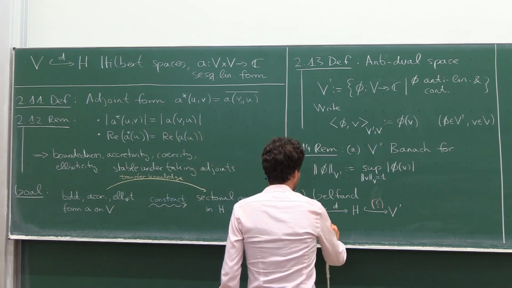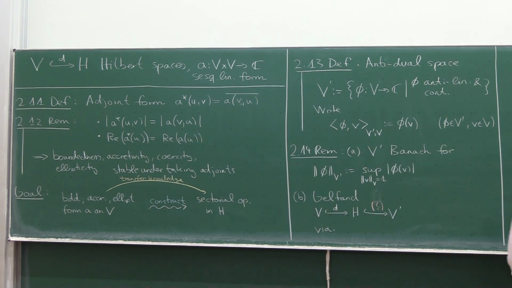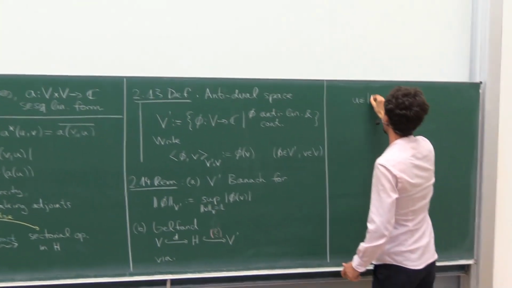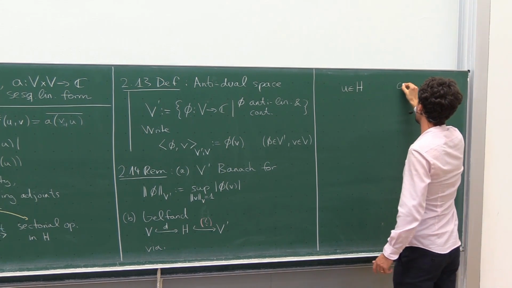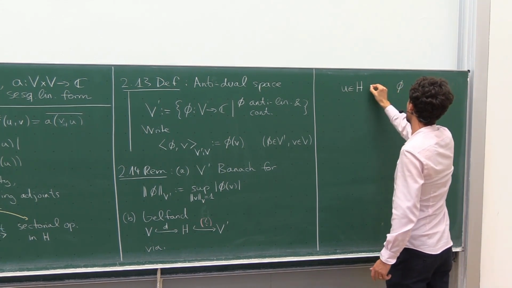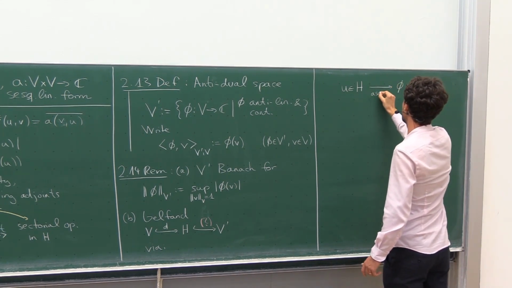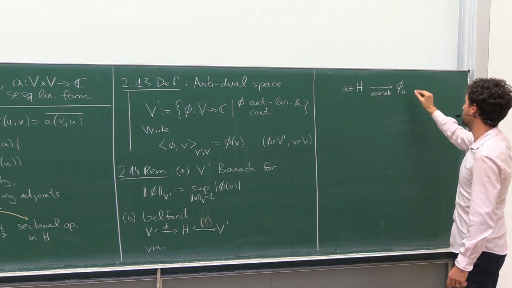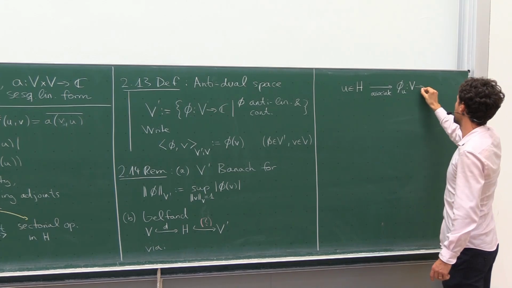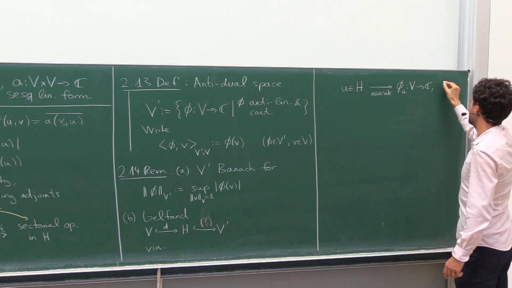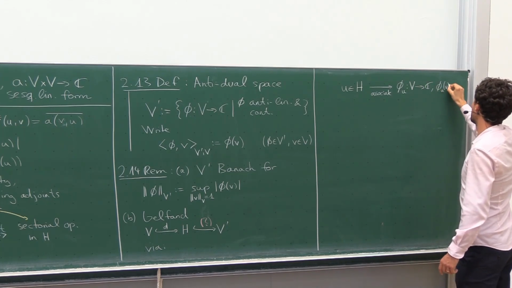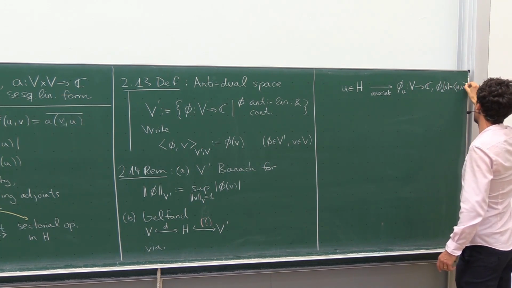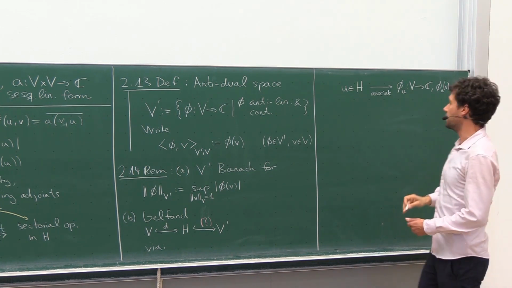If I take an element U in H, then I can associate with it a functional phi index U that goes from V to C by setting phi U of V to be the inner product of U with V, but for the H inner product.